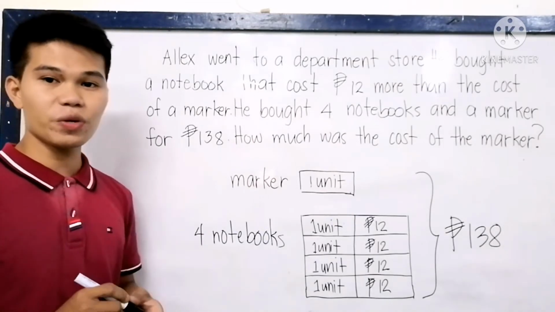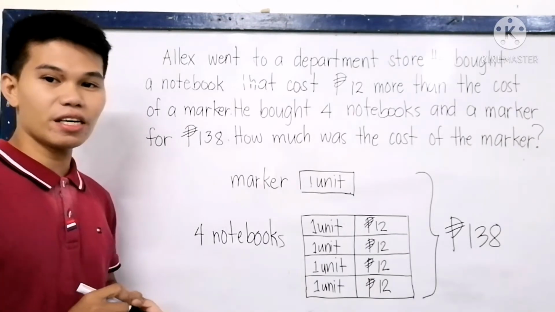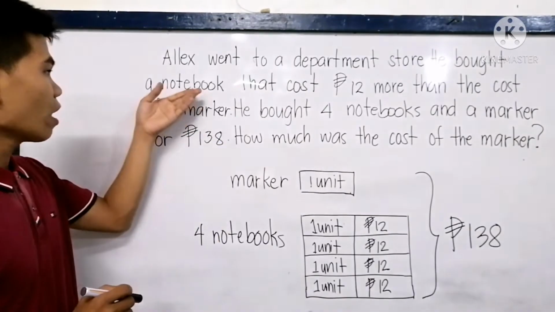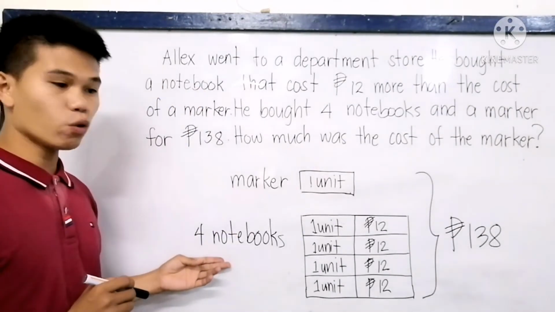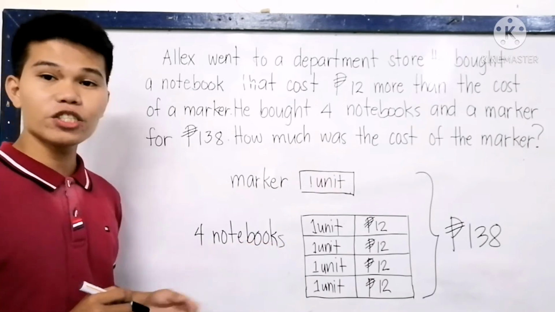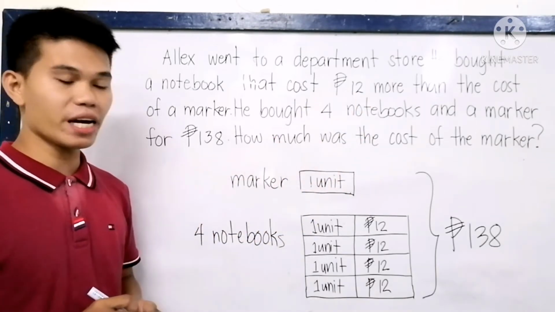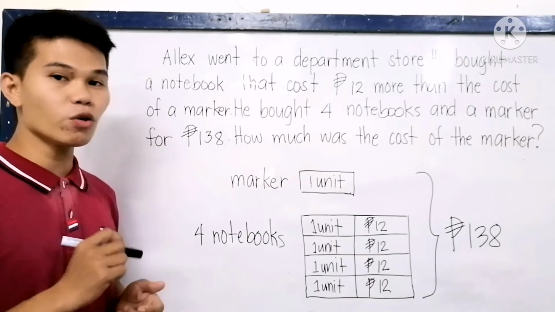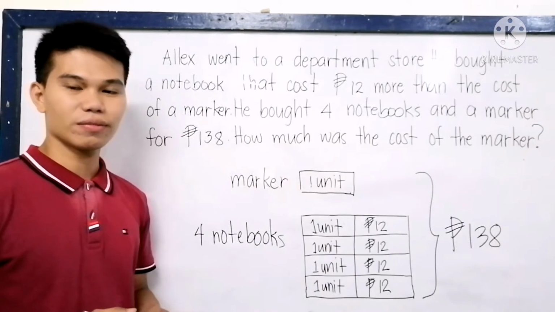So the first thing to do is to identify the given in the problem. The given here are a marker and 4 notebooks, and each notebook costs 12 pesos more. And the total amount he paid for 1 marker and 4 notebooks is 138 pesos.